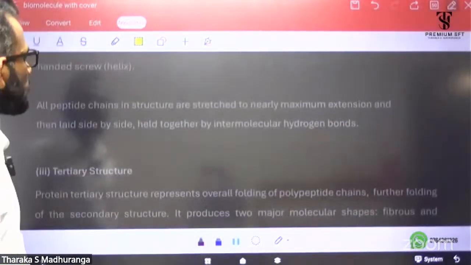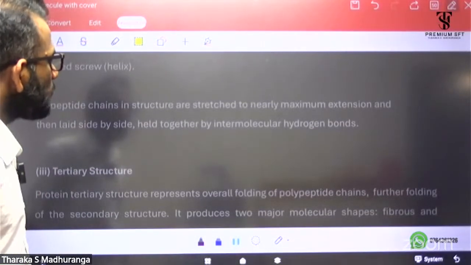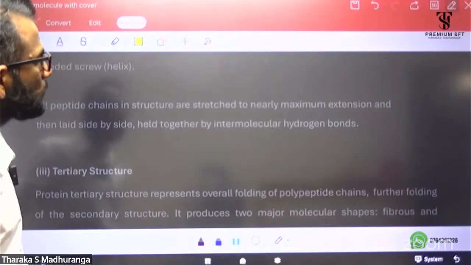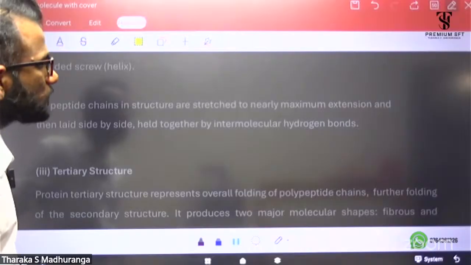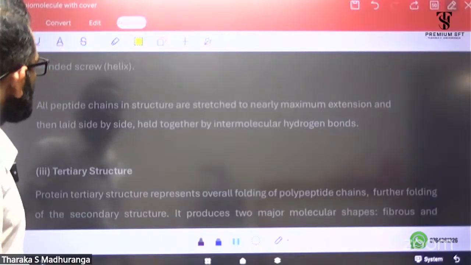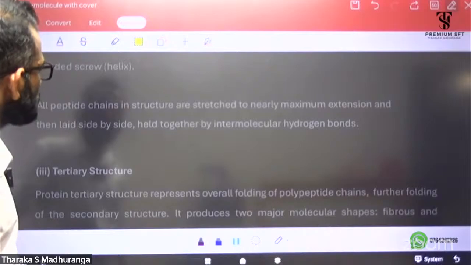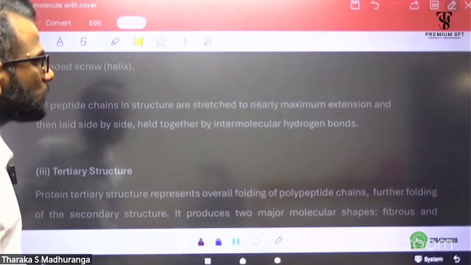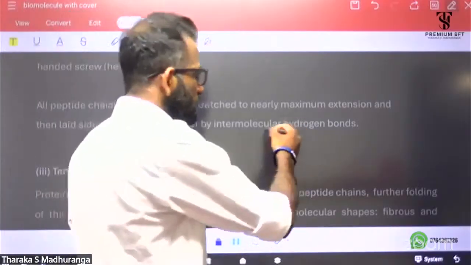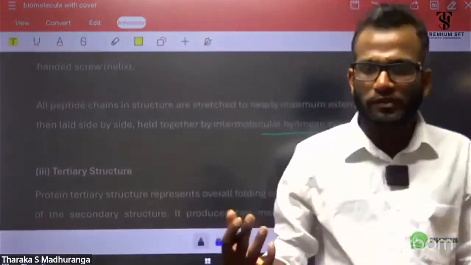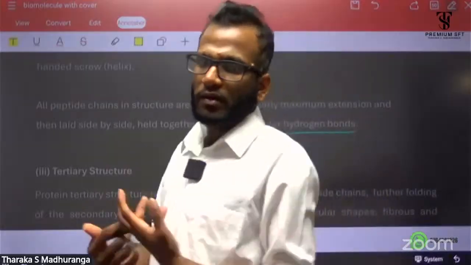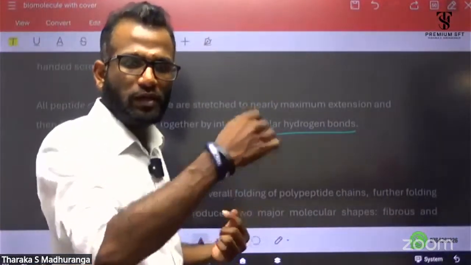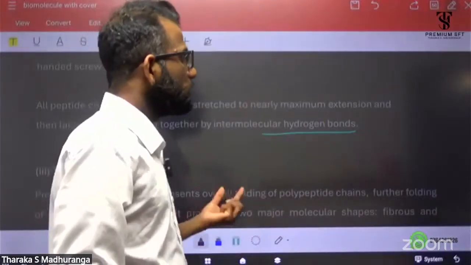Okay, all peptide chains in the structure are stretched to nearly maximum extension and then laid side by side, held together by intermolecular hydrogen bonds. The same thing is explained: the hydrogen bonds are the main cause for this folding.